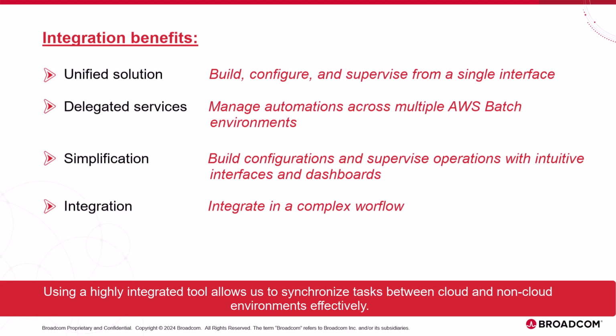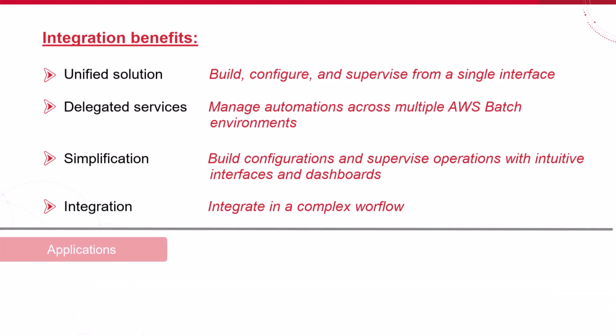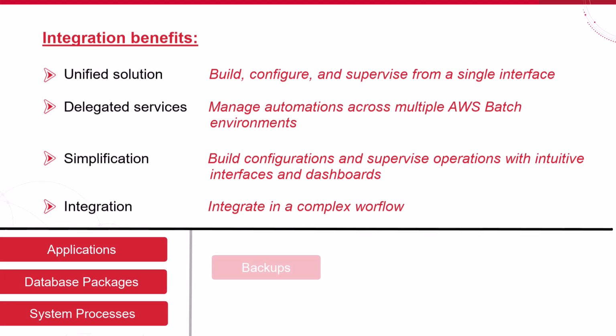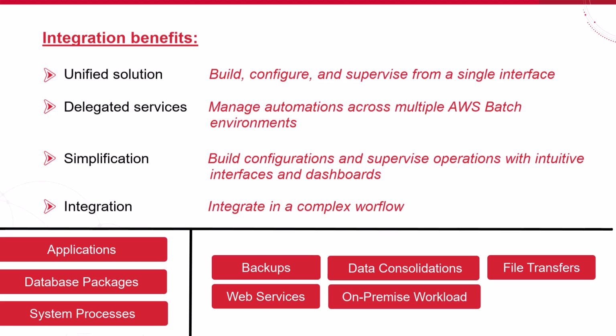Externalizing operations to a tool with a high degree of third-party integration means we can synchronize all cloud with non-cloud workload. Using various agents and job object types, we can build sophisticated configurations involving multiple applications, database packages, system processes like backups and data consolidation, file transfers, web services, and other on-premise workload.